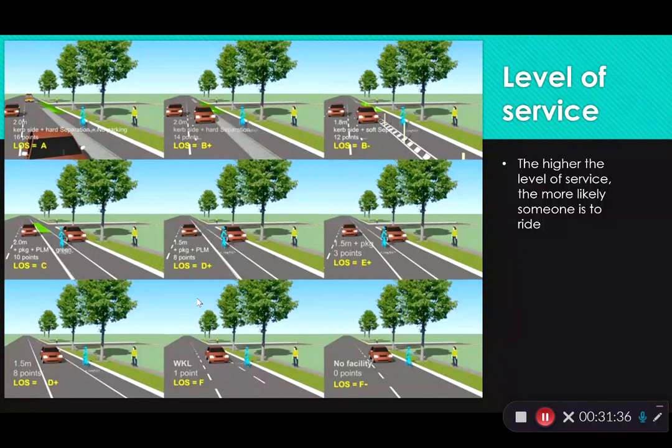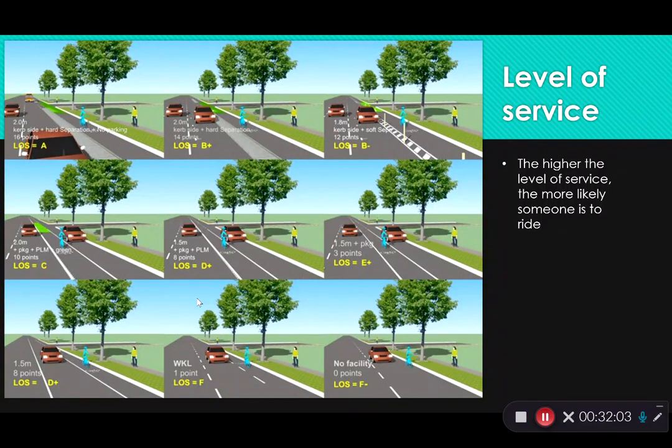So this term level of service applies to automobile traffic as well as bicycle and pedestrian facilities. So you'll see level of service is basically the accessibility of a road to cars. And as the level of service decreases from like A down to E and F, right, the congestion on that road increases and it becomes less accessible or less desirable to travel on it.